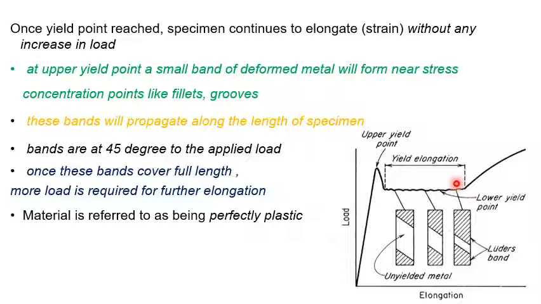So this is what we call the yield point phenomenon, where the dislocation movement or atomic rearrangement takes place, and because of that the material shows more resistance. If you see it microscopically, you can see the Luder bands appearing on the surface of the metal or specimen.